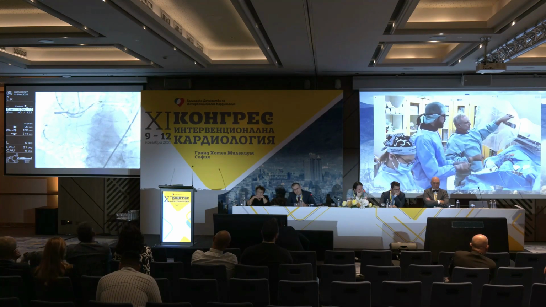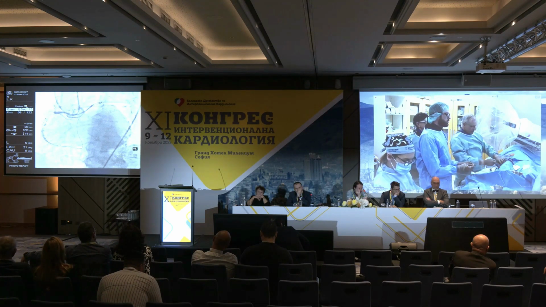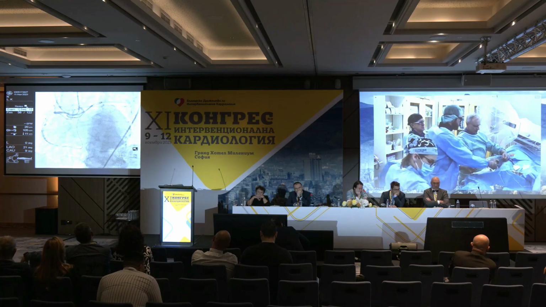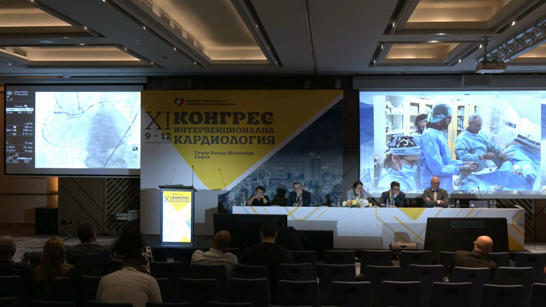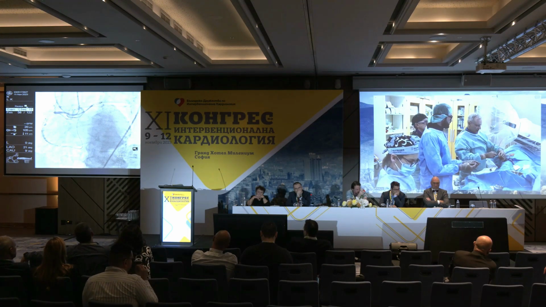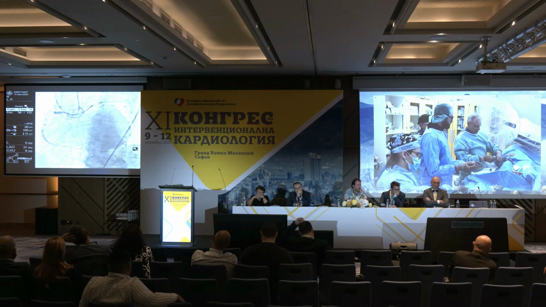So you're absolutely right, and what we're going to do now, definitely this is a complex CTO, okay? When we were selecting the case, we were considering choosing a little bit of an easier case. We thought that there is some antegrade channel, but I see now that this CTO is a complex CTO. Yeah, but this is easy for you, George.